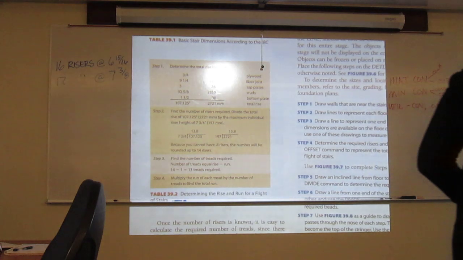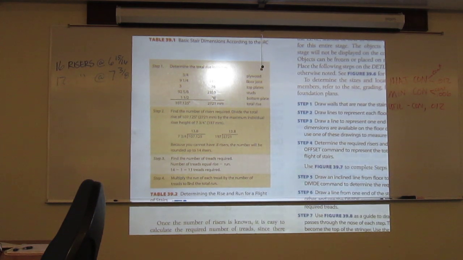Yeah. The 17 risers at 7 3/8. Because right up there is 17 risers at 7 3/8. But if you minus 1, because we have 7 3/8, for tread. So we'll have 17 risers at 7 3/8, but you're gonna have 16 treads.